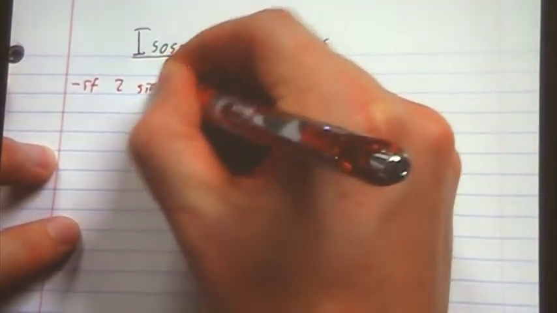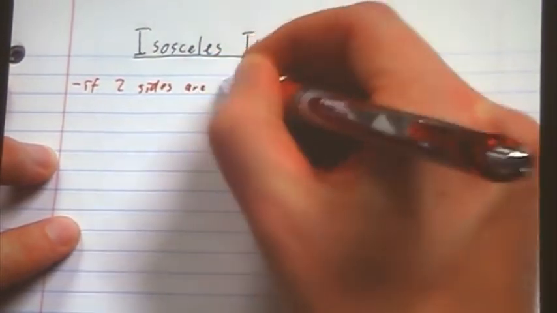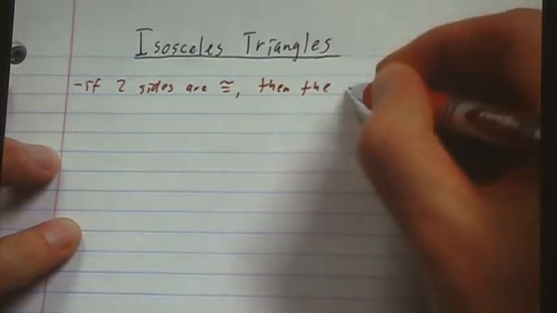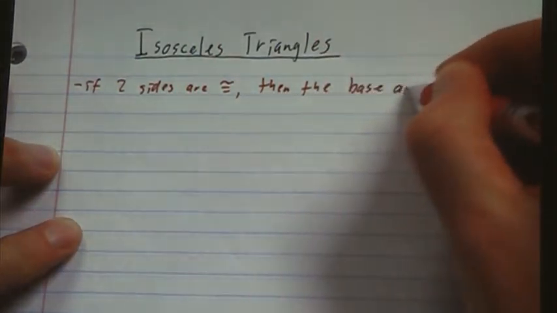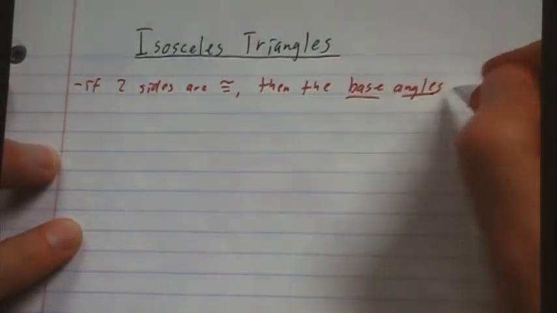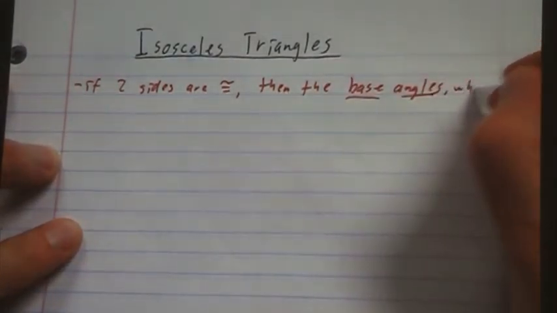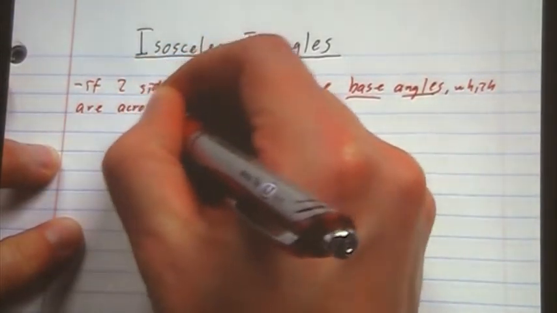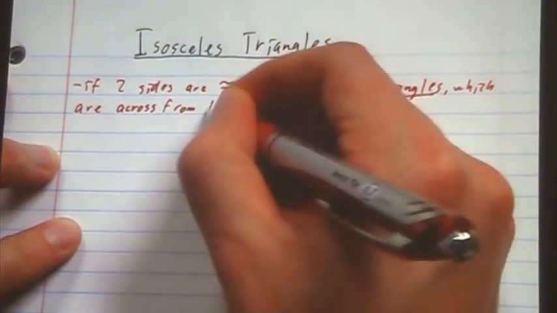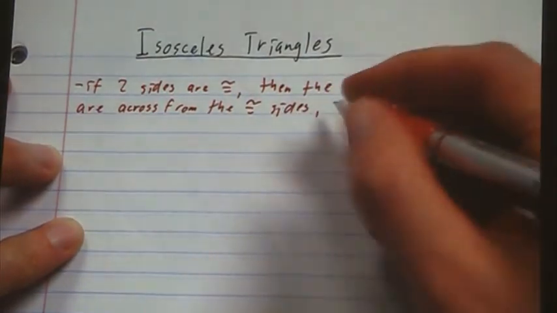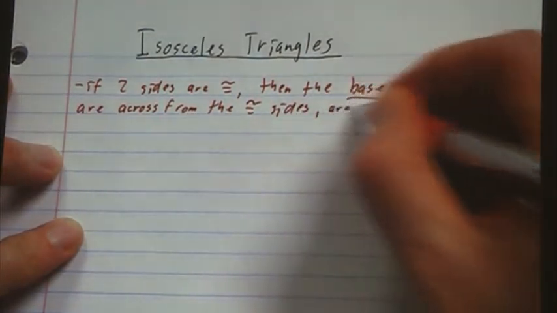And that is, if two sides are congruent, then the base angles, which are across from the congruent sides, are also congruent.